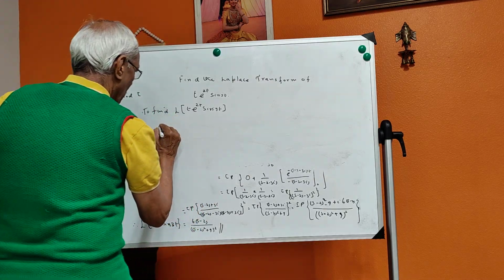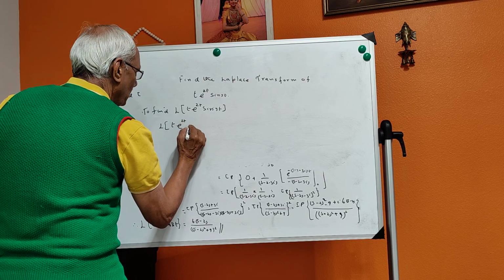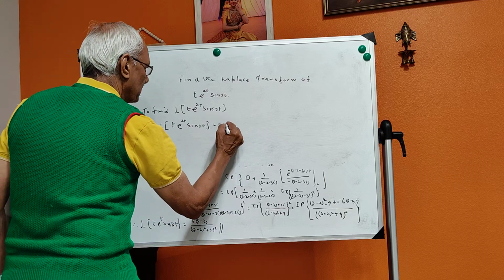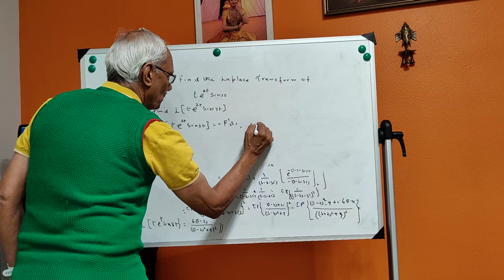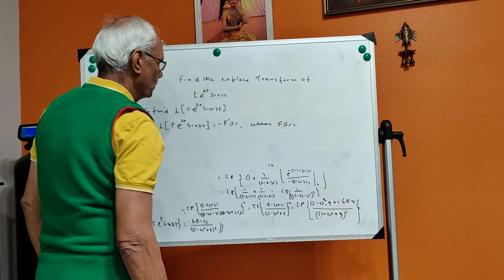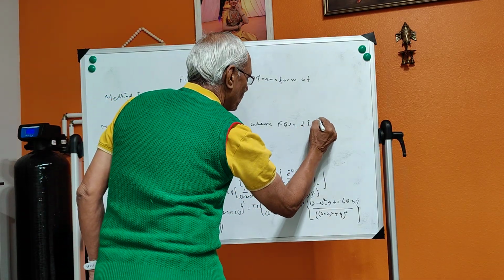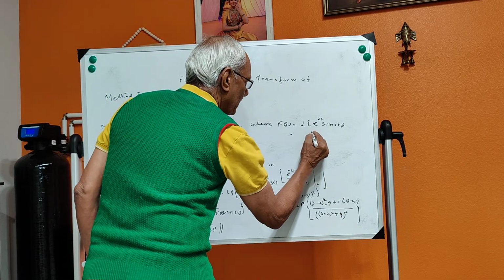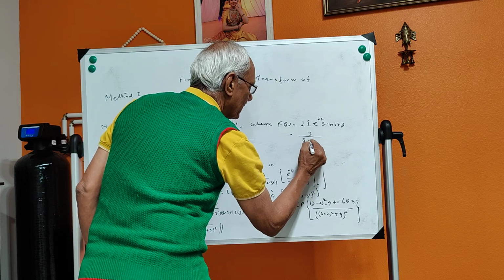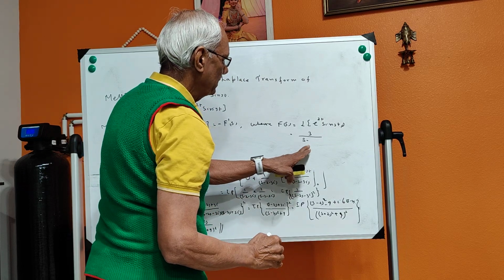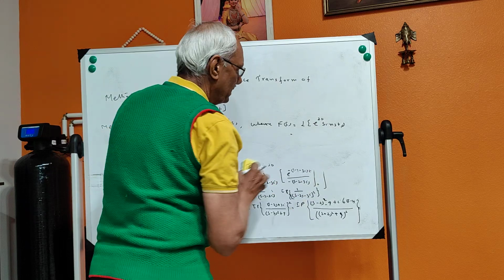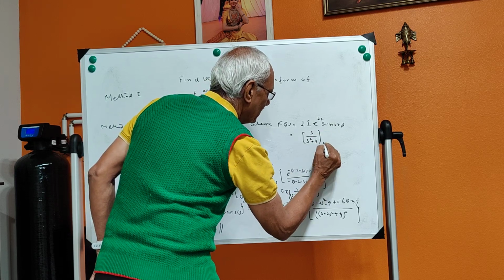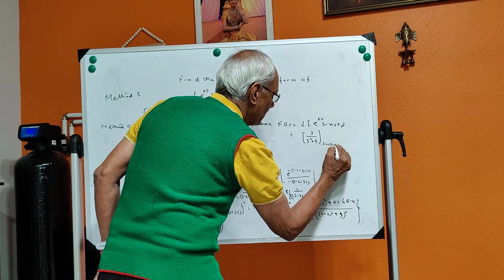L of t e to the power of 2t into sin 3t is equal to minus f dash of s, where f of s is equal to L of e to the power of 2t into sin 3t, which is nothing but 3 divided by s squared plus 9, and s goes to s minus 2.